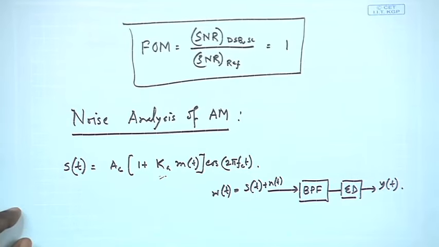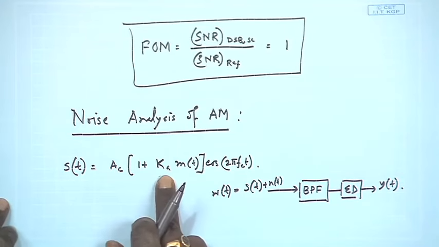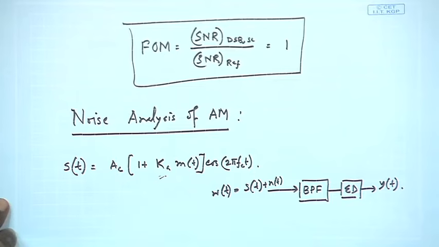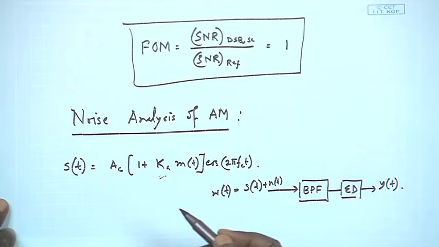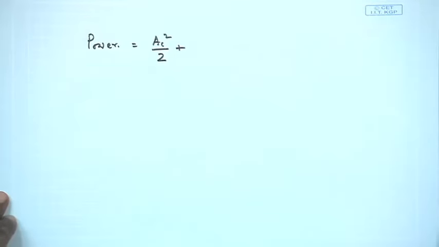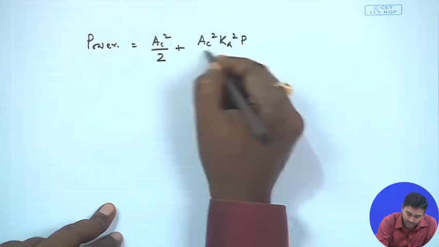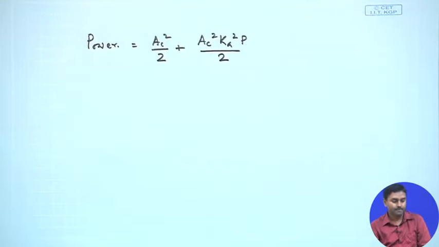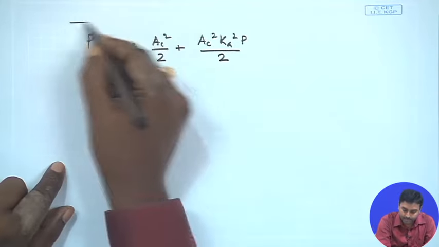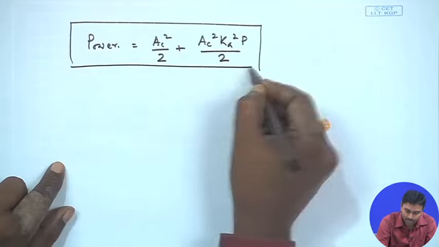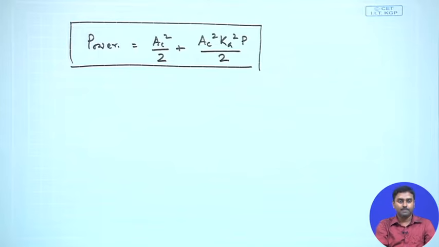Earlier also we had done this C into Ac, so instead of C it is Ka. So, that must be Ac square into Ka square, and this m(t), if that has a power of P, then because it is multiplied by cos, it should be P by 2. So, I can write it as Ac square Ka square P divided by 2. This is the power that will be launched if I modulate.